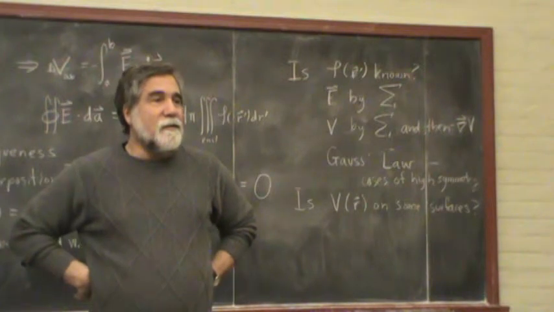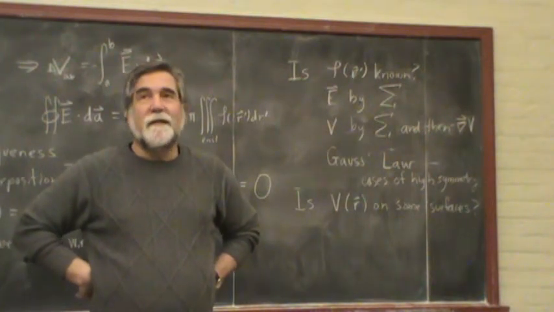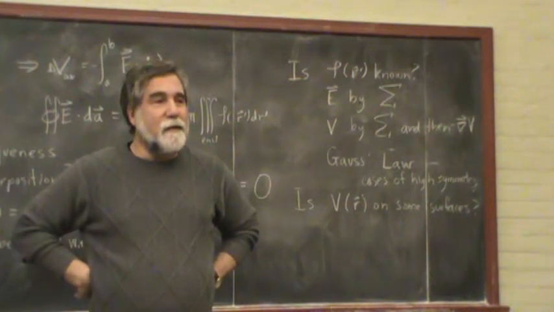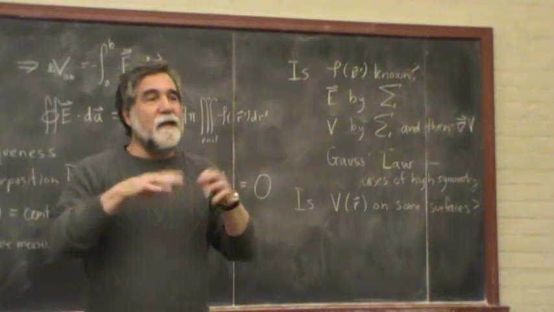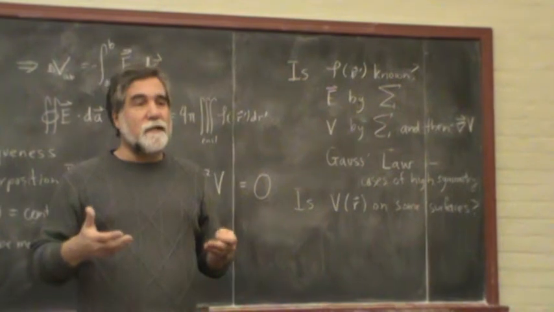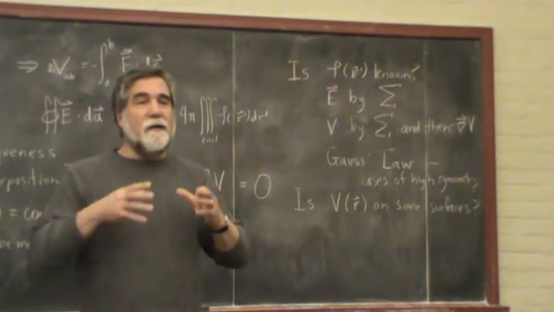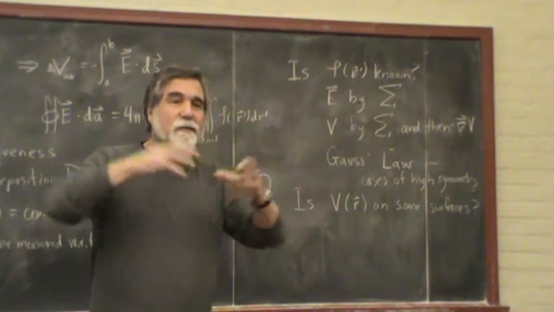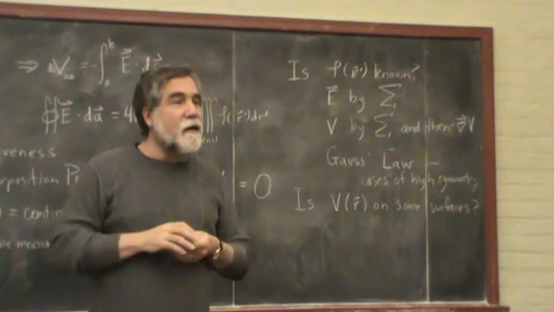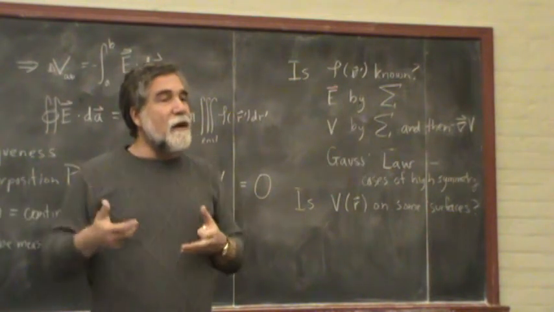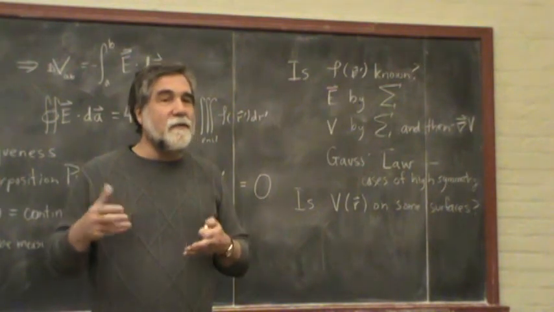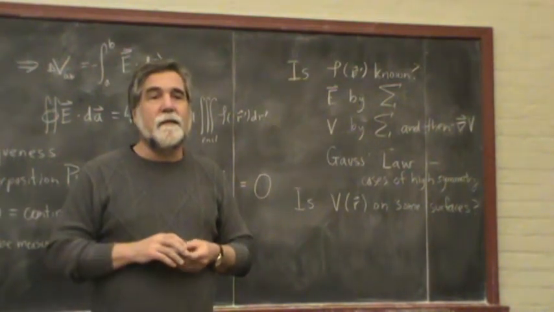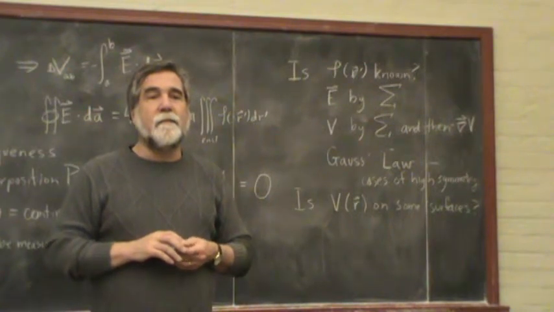So I'm going to say 2 times the dimensionality of the problem, all right? But sometimes it might turn out, because you've got symmetry, for example spherical symmetry, that you only need to know the potential at an inner surface and an outer surface, and then you're done. But that's because we've already eliminated some of the other boundary conditions by telling you that it's constant. You need 2 boundary conditions for every degree of freedom.